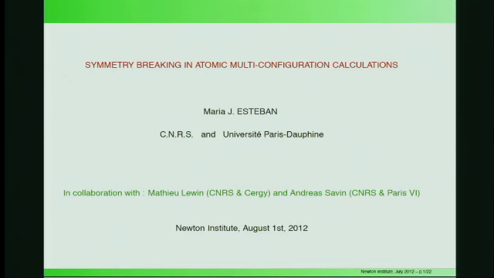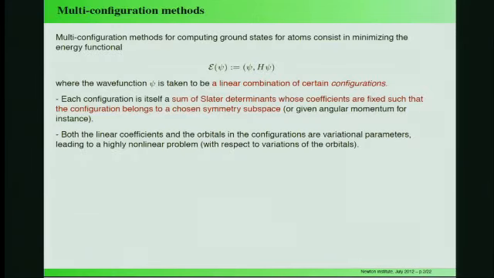Okay, so what is the multi-configuration method? Multi-configuration models are more or less intermediate models between Hartree-Fock and the full quantum mechanical models. If you want to compute ground states in a multi-configuration model, you have a Hamiltonian, you have your energy, and you want to minimize it over a class of wave functions.